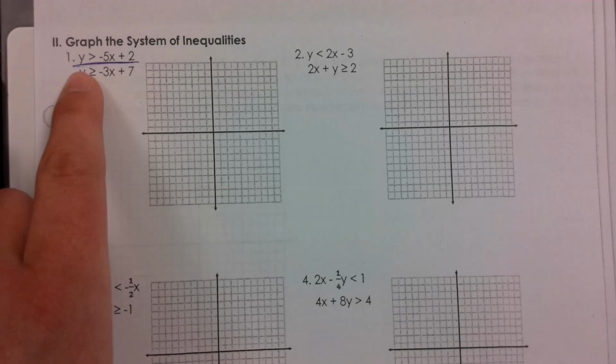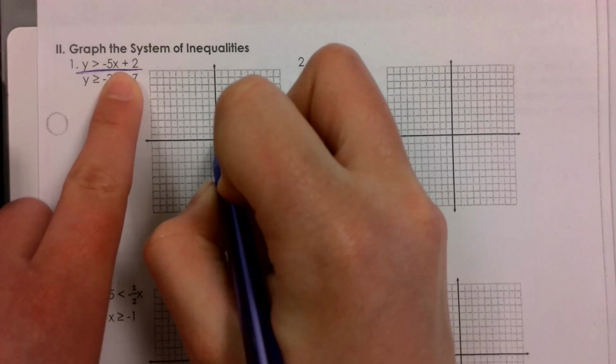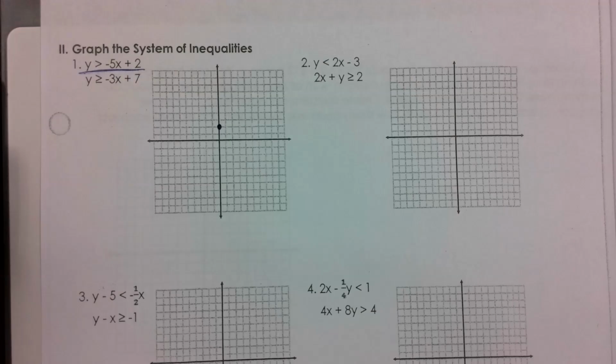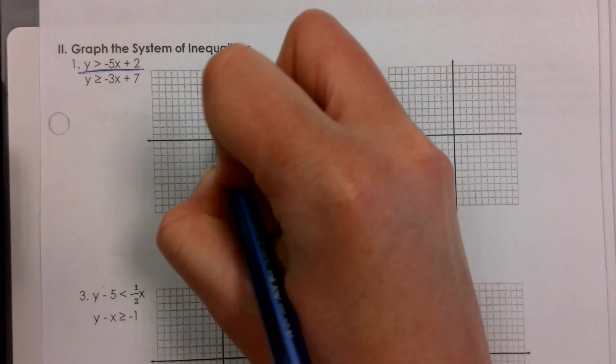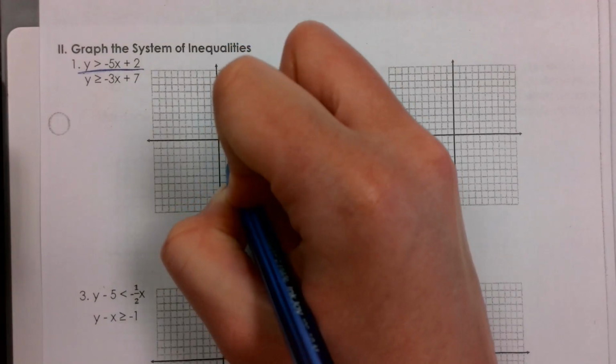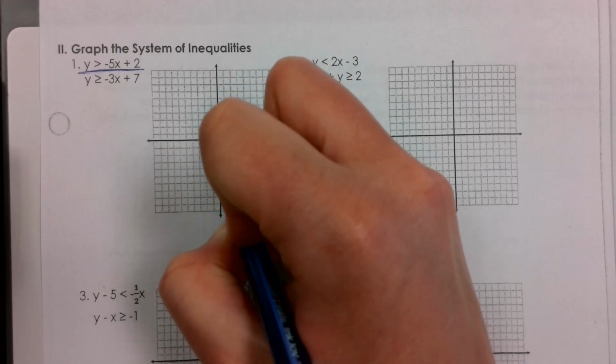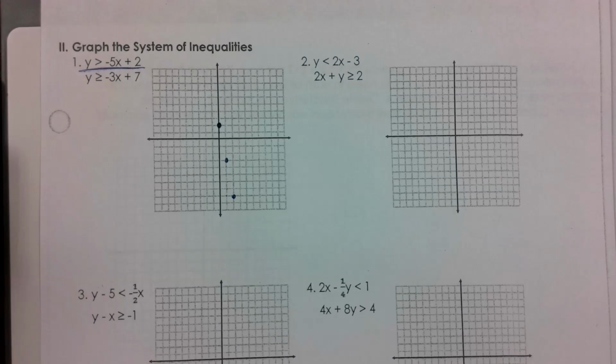2. So we'll go up 2. And then how are we going to count our slope there? Down 5, right 1. How are we going to take that in the opposite direction?